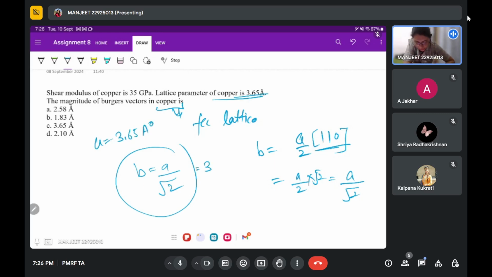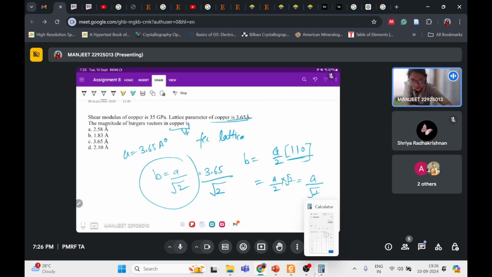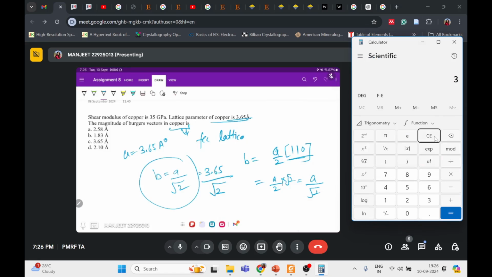Just substitute it here, 3.65 divided by root 2. This gives around 2.5809 angstrom.